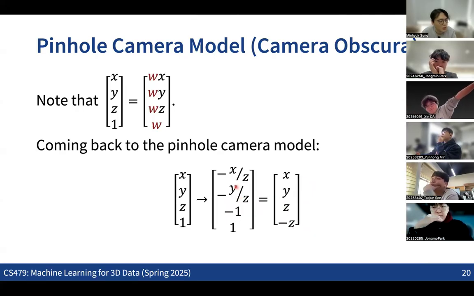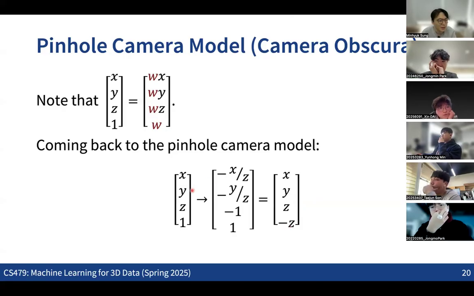When you multiply all the coordinates by minus z, it also represents the same point. So the projected point can also be represented as x, y, z, minus z. So in the homogeneous coordinate system, the projection can be seen as mapping the four-dimensional vector x, y, z, 1 into x, y, z, minus z.